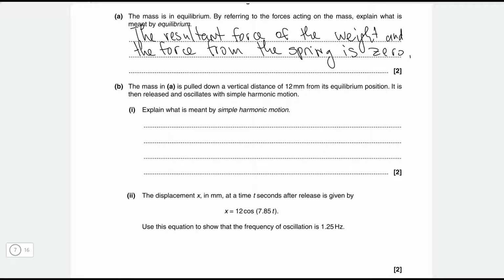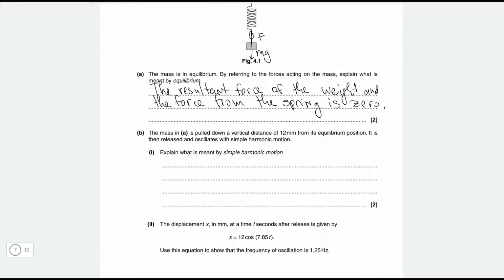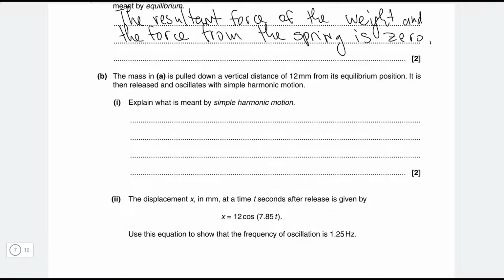The mass in A is pulled down a vertical distance of 12 millimeters from its equilibrium position. It is then released and it oscillates with simple harmonic motion. Explain what is meant by simple harmonic motion. So this is a classic question.